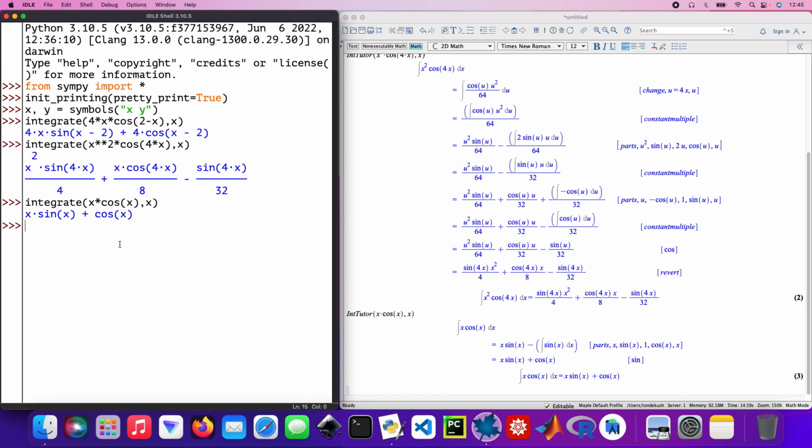That's going to be log x. So integrate ln x with respect to x. And likewise in Maple, integration tutor, natural log x.